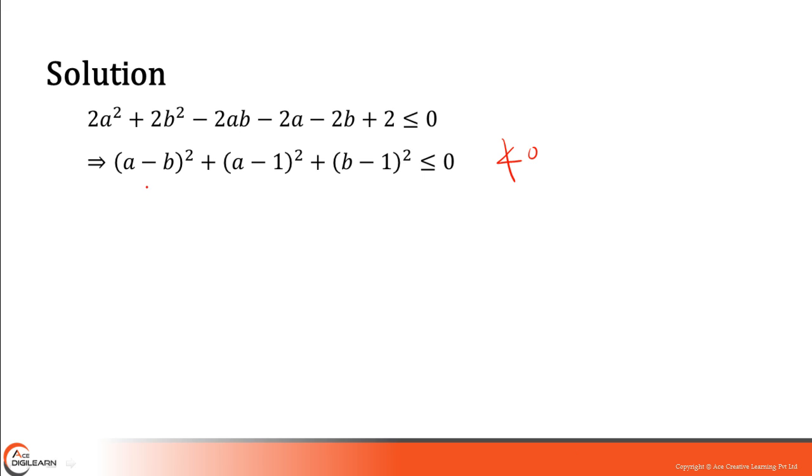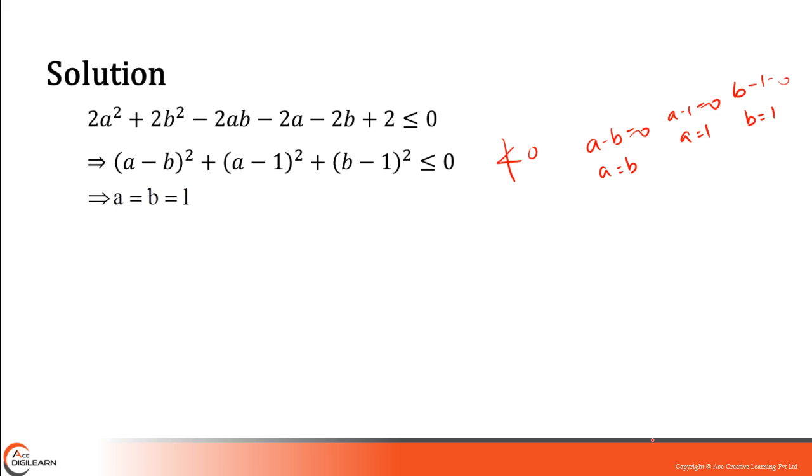So sum of the positive terms equals 0 means only the chance 0 plus 0 plus 0. So we can conclude a minus b equals 0 means a equals b, a minus 1 equals 0 means a equals 1, b minus 1 equals 0 means b equals 1.